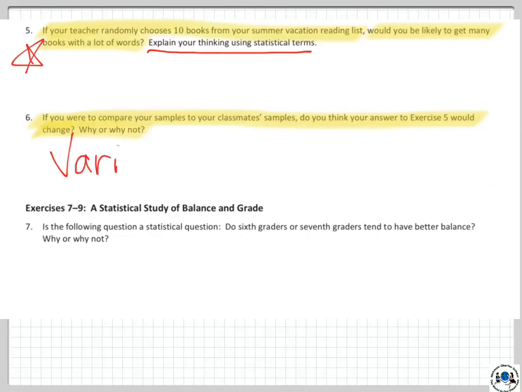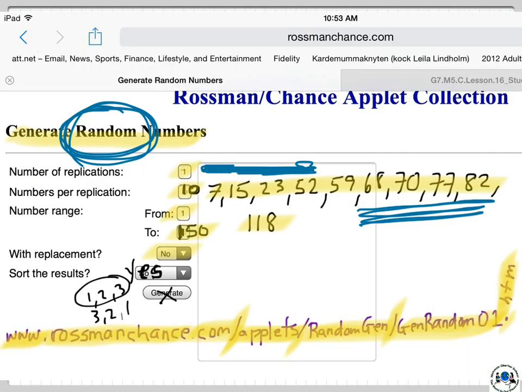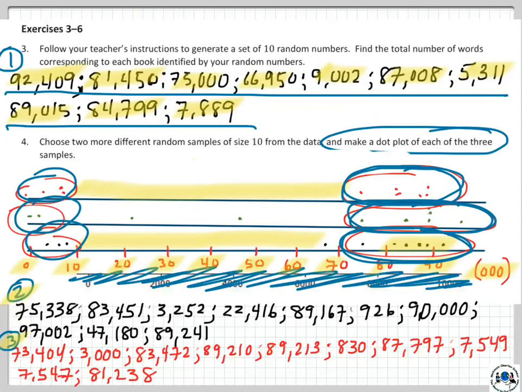an incredible amount of what we call variability in this data that we collect. Variable, I mean, that's change. Lots of variation. Somebody's statistics or somebody's dot plots could have looked much different than mine do here.